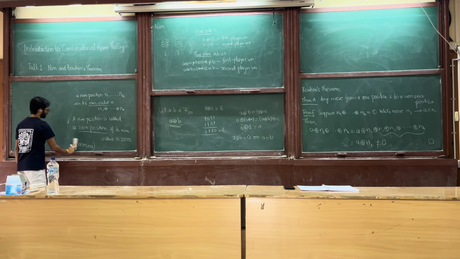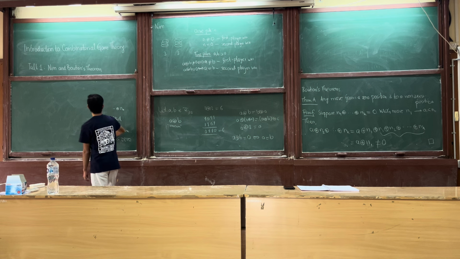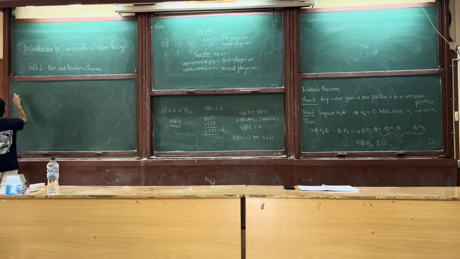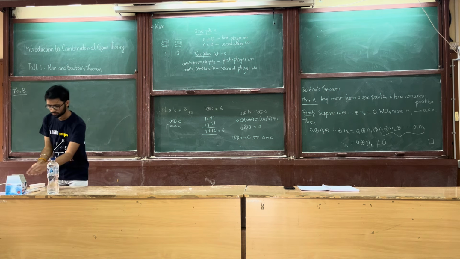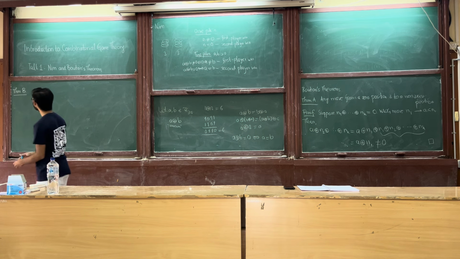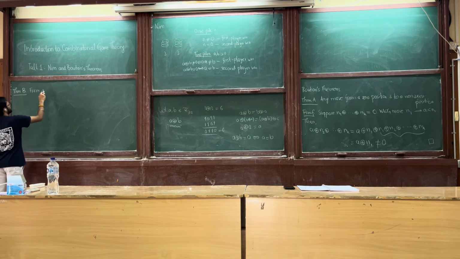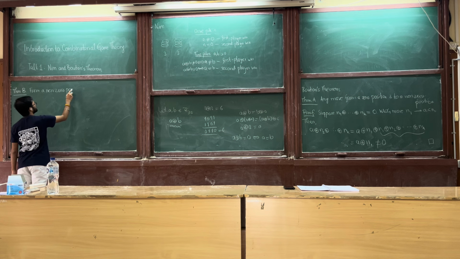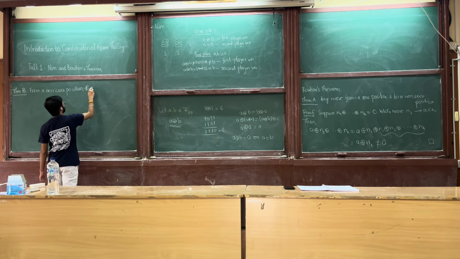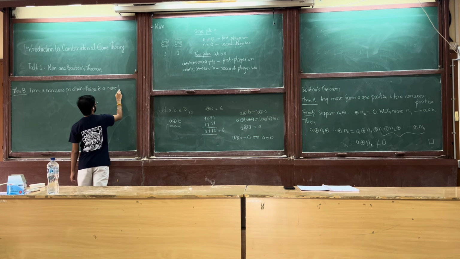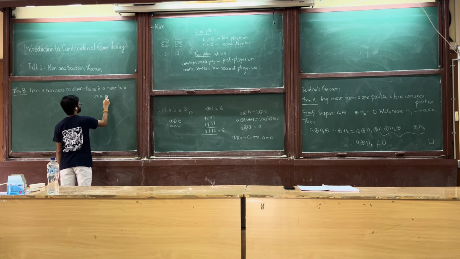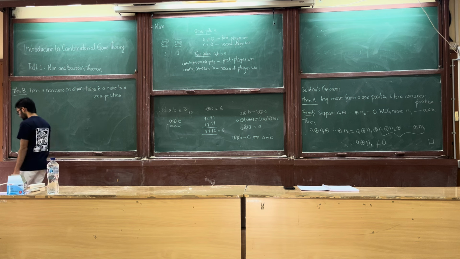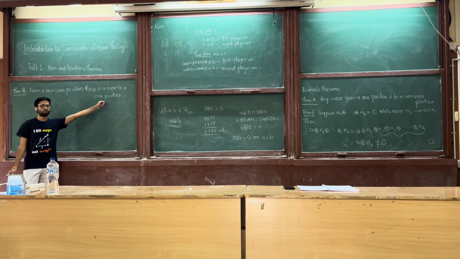And then theorem B tells us that if you have a non-zero position, then not all moves have to be to a zero position, but there is at least one move that is to a zero position.